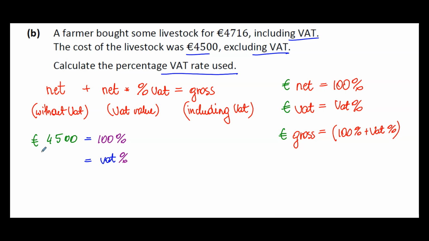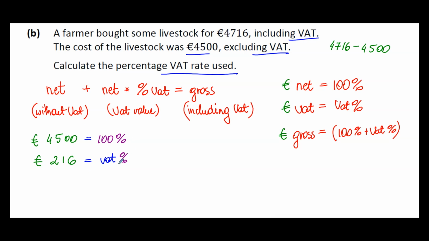So what do I know about the VAT in euro? How much is the VAT? Well, the difference between them is the value of VAT, isn't it? So if I put in my calculator 4,716 and remove from that 4,500, then I will find that the VAT in euro was 216. So there it is.